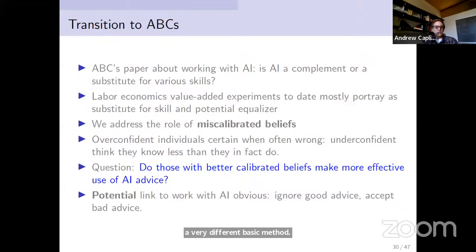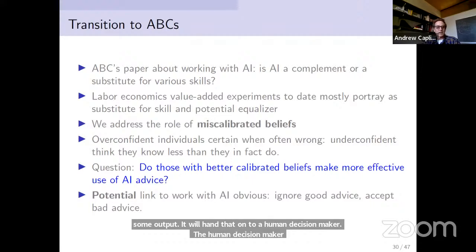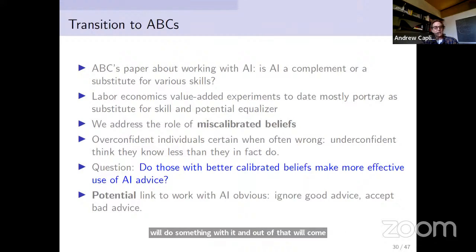In the end, this machine, however it learns, will produce some output. It will hand that on to a human decision maker. The human decision maker will do something with it, and out of that will come a diagnosis in a hospital and many, many other things. So the human AI interaction is what everybody in labor economics is freaking out about right now.